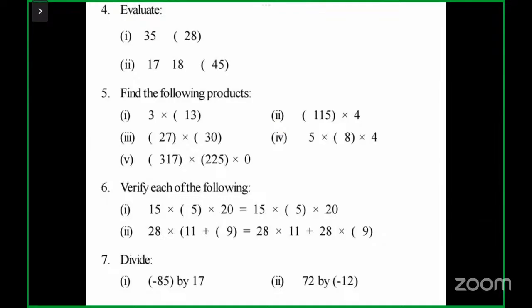Sorry, 12.3, the first question. And the whole exercise, 7 questions are there. That is also your homework. Only one question in 12.3.